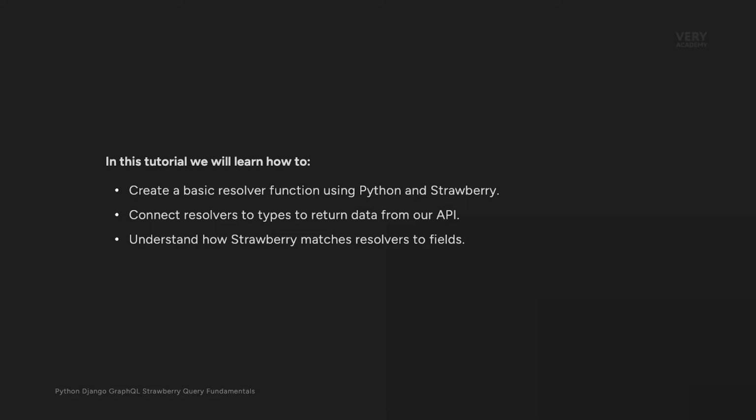Now that we have our type, in this tutorial we'll look at how to write a resolver function in GraphQL using Strawberry. Resolvers are the functions that actually fetch or return the data for each field in our API. So we keep it simple and focus on the basics in this tutorial, and later on in the course we will expand our understanding.